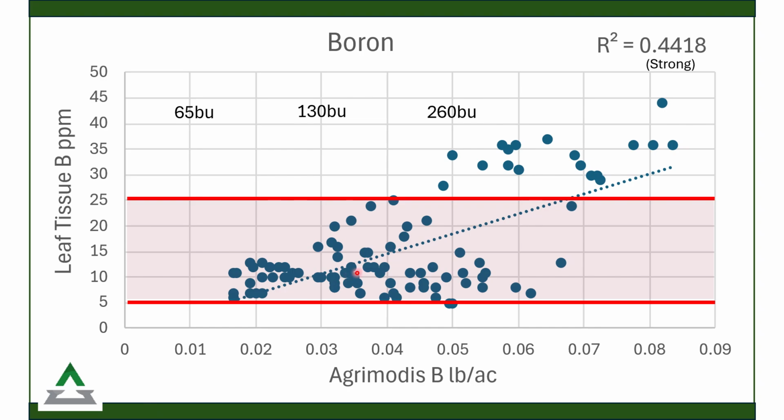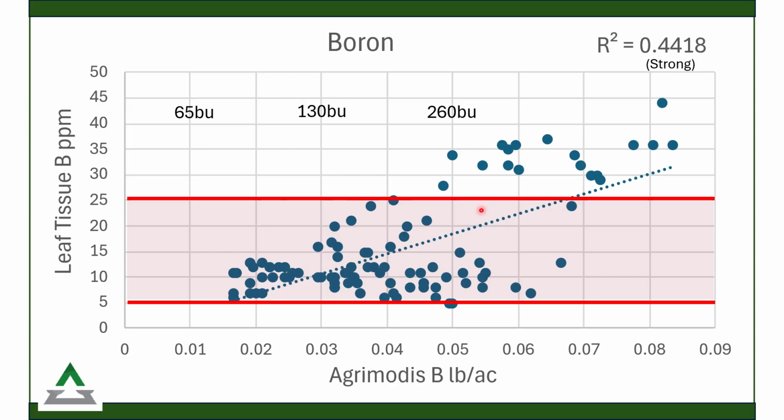Let's put the yield information up there. When you look at what this associates with in the way of boron content, here you're looking at 100-ish bushel corn. Up here, you're getting into 300 bushel corn. And you see most of our dots are in 150 to 260 and a little higher.